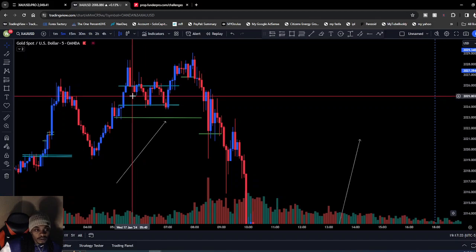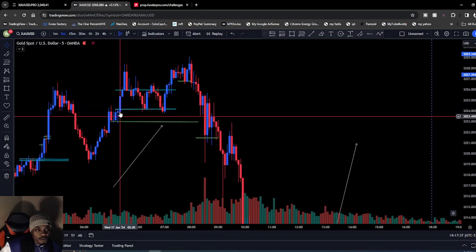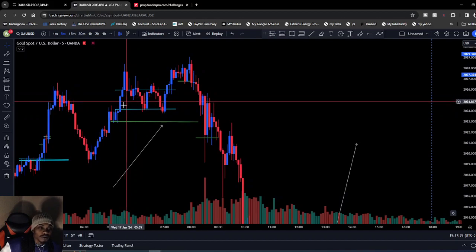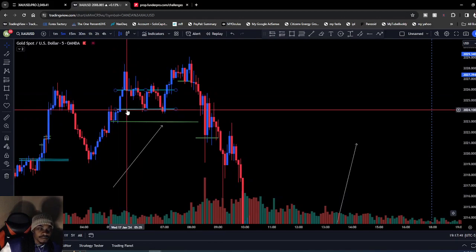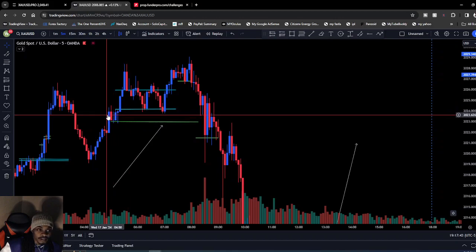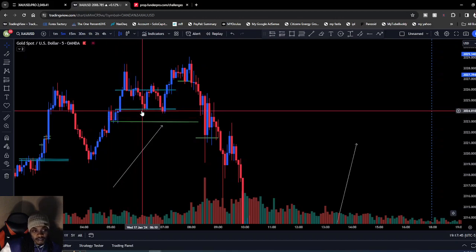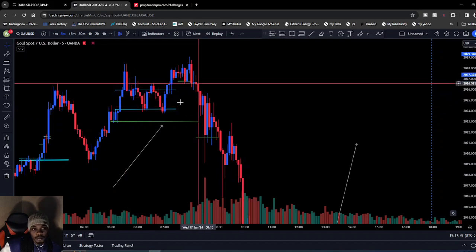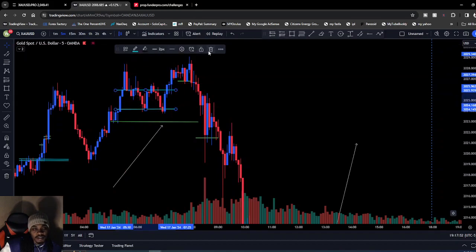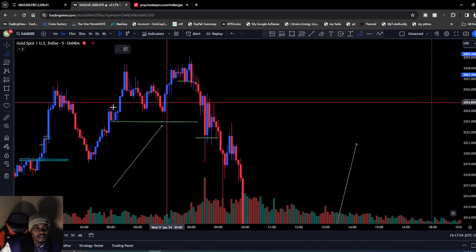Now, since it's so close together, I would look for an entry off of structure. So we have structure right here. We have these wicks that created a minor roof that then got traded through from here.